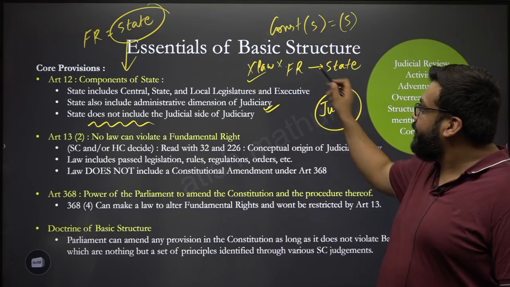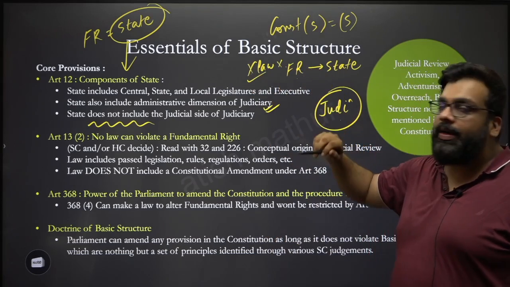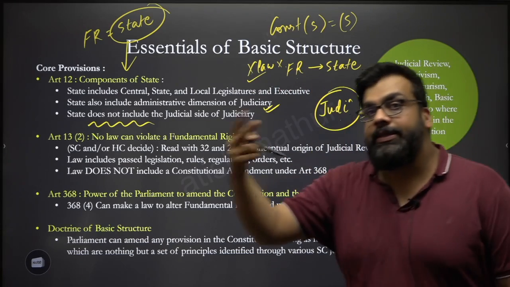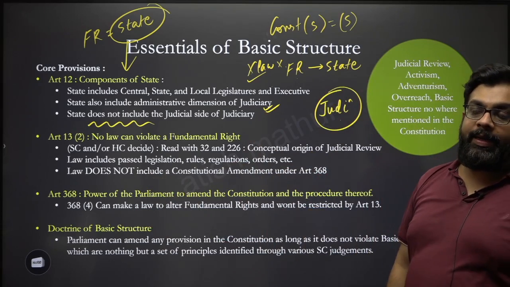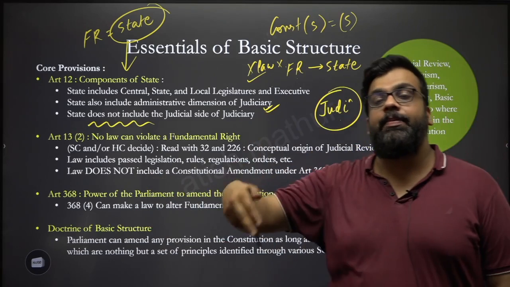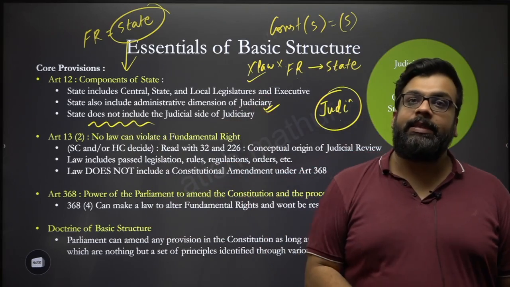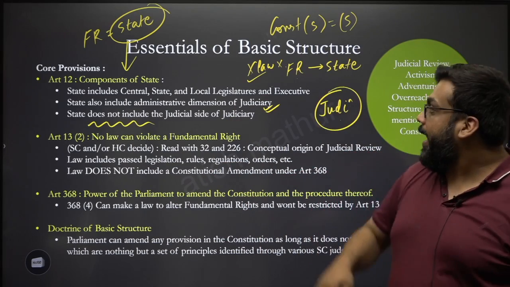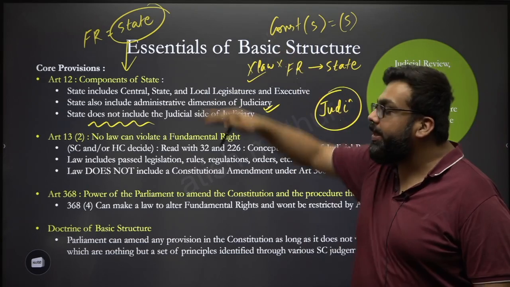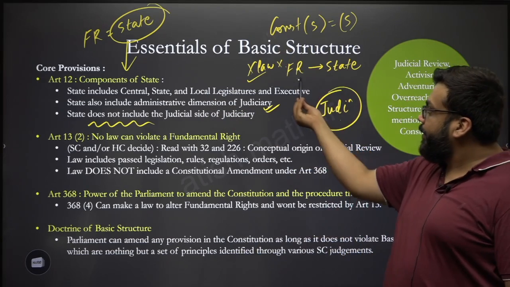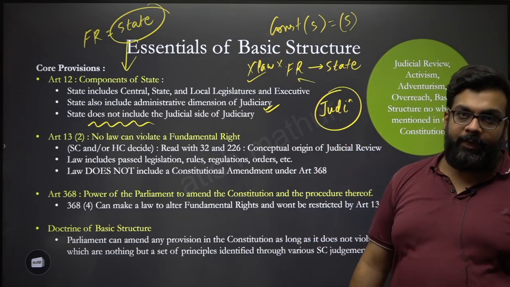For the judiciary to decide whether a law can violate a fundamental right or not, to what extent the fundamental right can be violated, to what extent it can be evolved, what is reasonable enough of a law or not, and whether the fundamental right is really being violated, you've got to be away from the ecosystem, right?